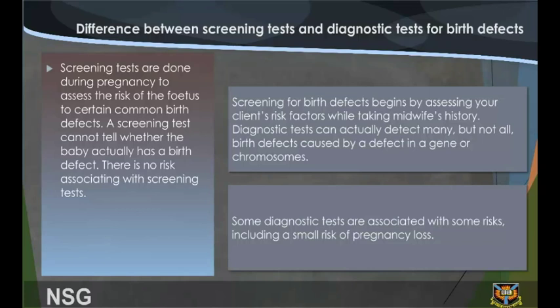Screening for birth defects begins by assessing your client's risk factors while taking the midwife's history. Diagnostic tests can actually detect many, but not all, birth defects caused by a defect in a gene or chromosomes. Some diagnostic tests are associated with some risk, including a small risk of pregnancy loss.